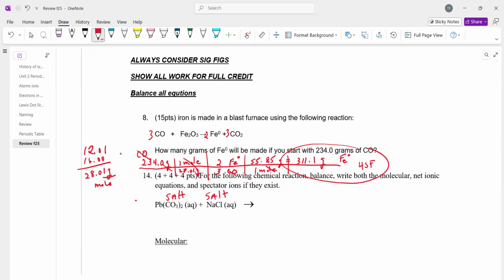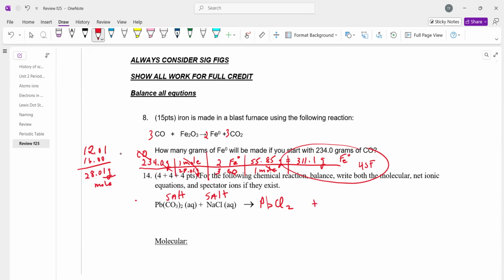Okay, so the lead goes to the chloride, the sodium goes to the cobalt. So we've got lead chloride. And if you look on your reactivity chart, lead is +2, chlorine is -1. So we need 2 chlorines to balance the +2 lead.